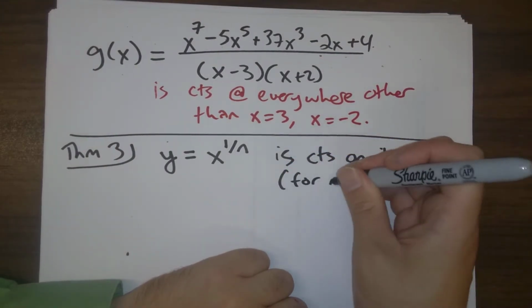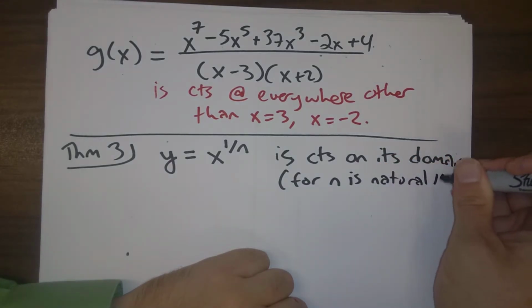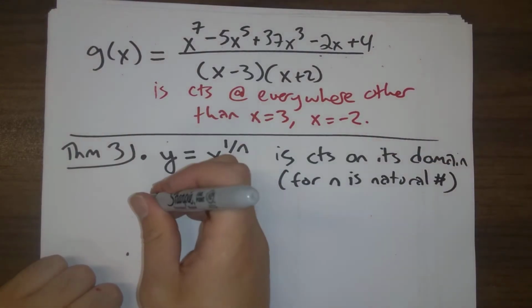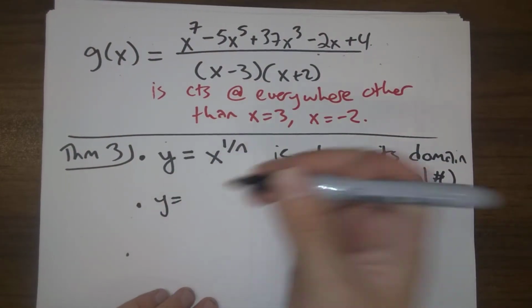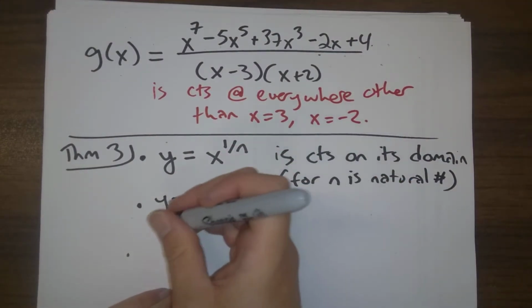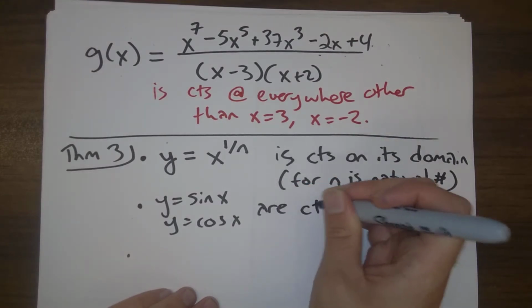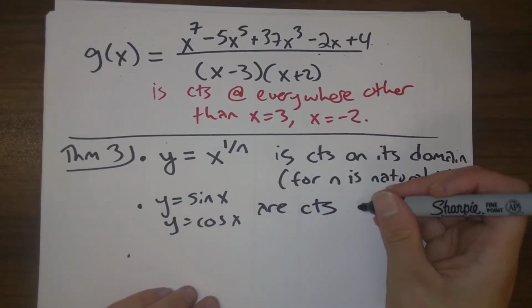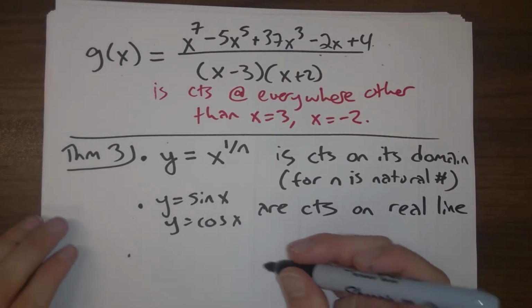We're assuming here n is a natural number, a positive integer. Another thing that is continuous, which we don't prove but the book tells us, is that sine and cosine are continuous on the entire real line.